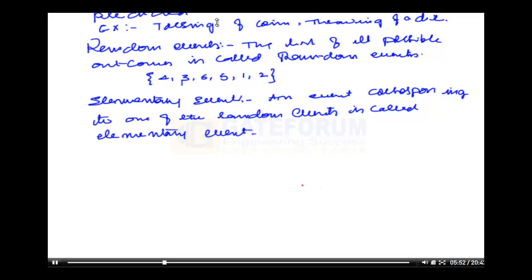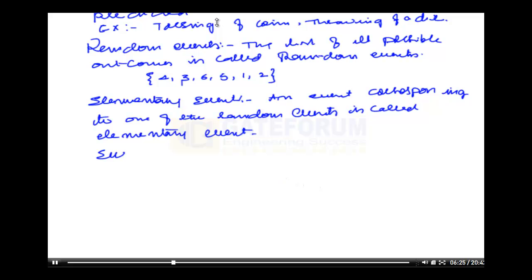Therefore, if you see the random events, 4 is there. 4 is called elementary, 3 is called elementary, 6 is called elementary, 5, 1, 2. Each one is called an elementary event. Random events consist of a group, a set of numbers, a set of objects. An event corresponding to one of them is called an elementary event.